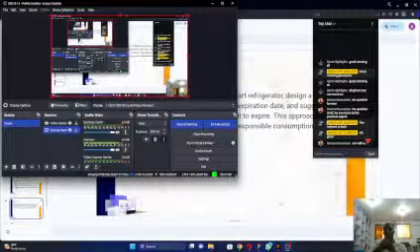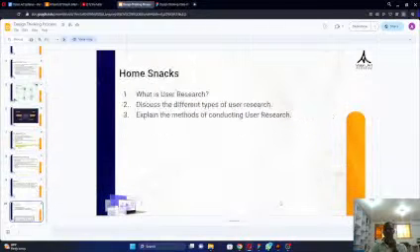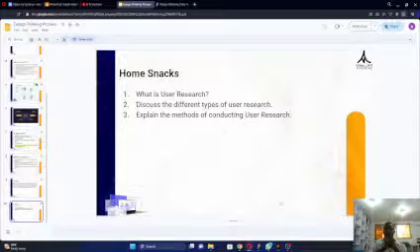Okay, if there is no question, on the next slide I have a small task. Against our next class, which will be next week, we'll be talking about user research and how we can conduct user research. So I want you to take note of these questions. What is user research?